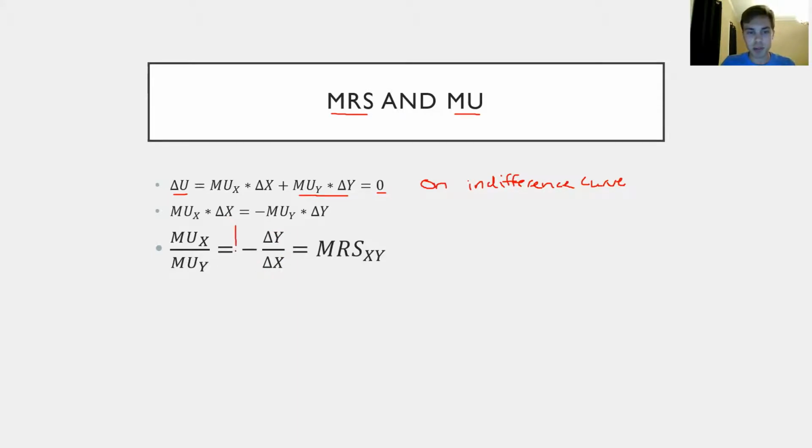We end up with this negative slope again, which is exactly what our marginal rate of substitution between x and y is. And so we see that the marginal rate of substitution is equal to the ratio of the marginal utility of x to the marginal utility of y.